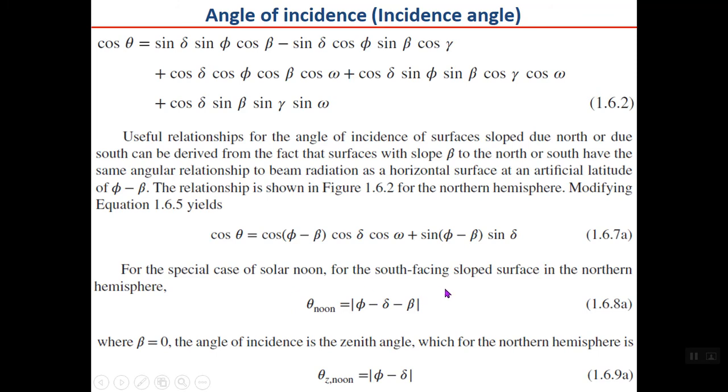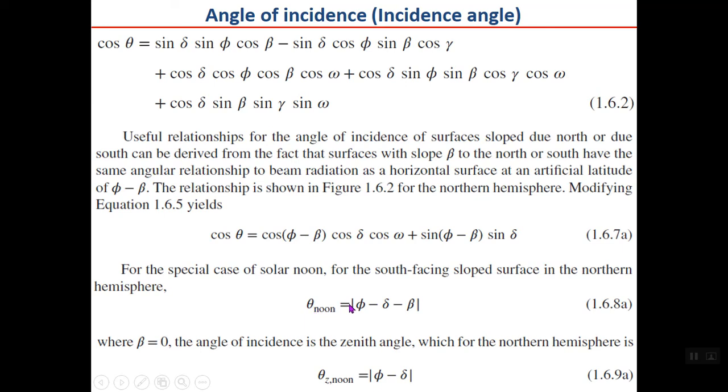For this special case, for a south-facing sloped surface in the northern hemisphere, you may calculate theta noon, which is the angle of incidence on a surface exactly at solar noon when the sun is in the middle of the sky.